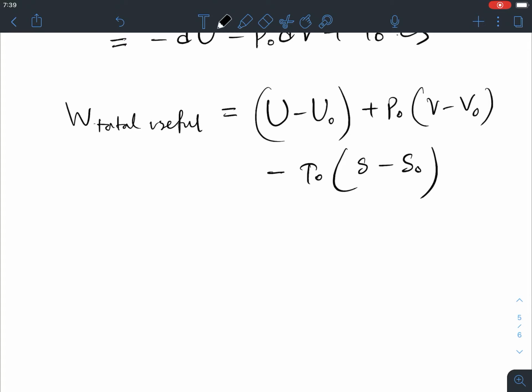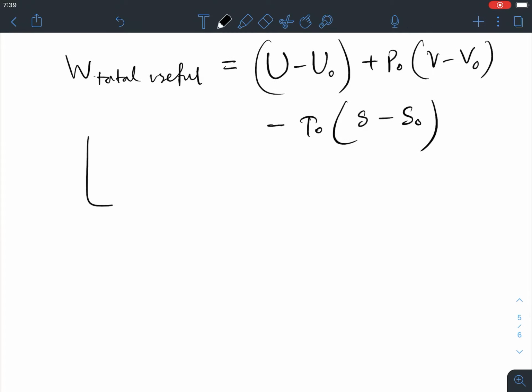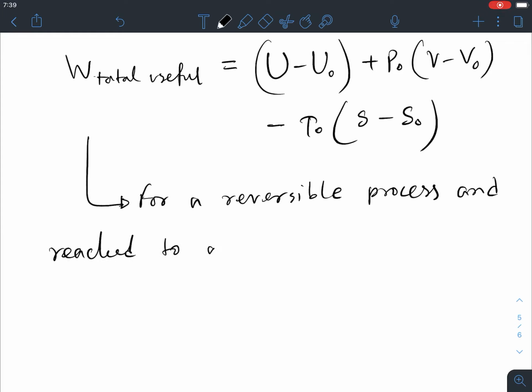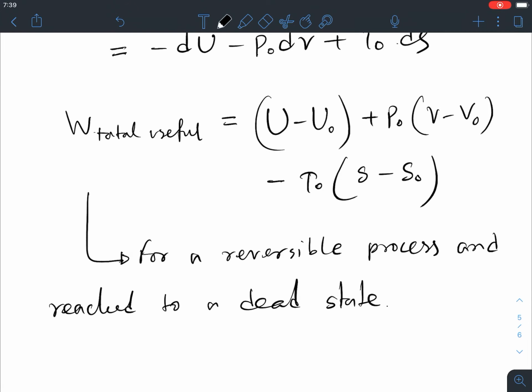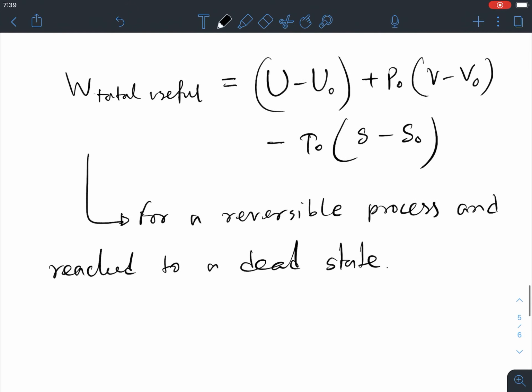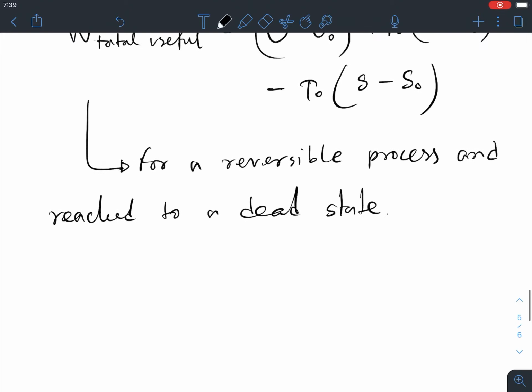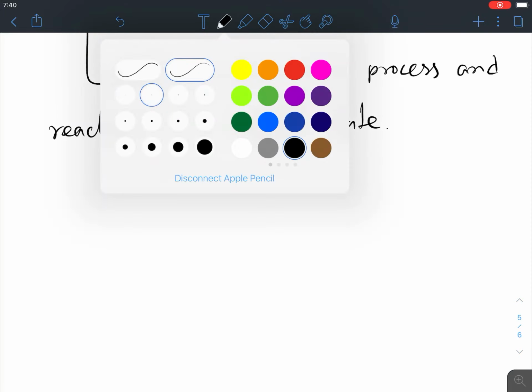So that's the expression of the total useful work of the system if it undergoes a reversible process and reaches a dead state, right? So that's the relationship between the change in internal energy, volume and entropy, and the useful work of a non-flow system, right?